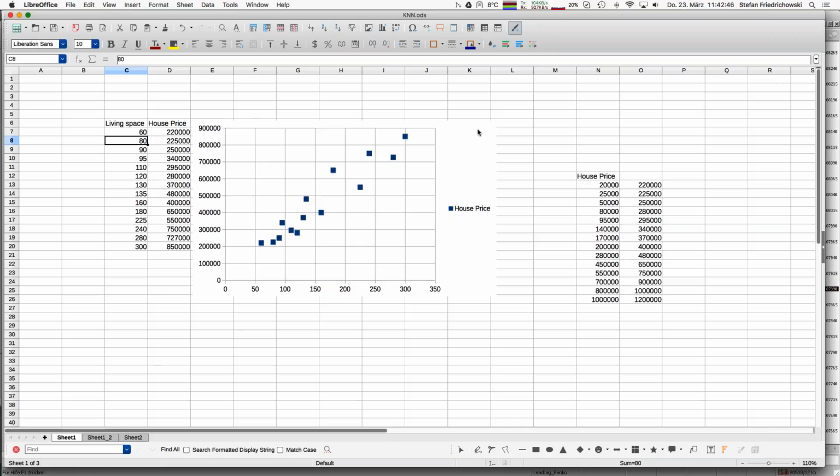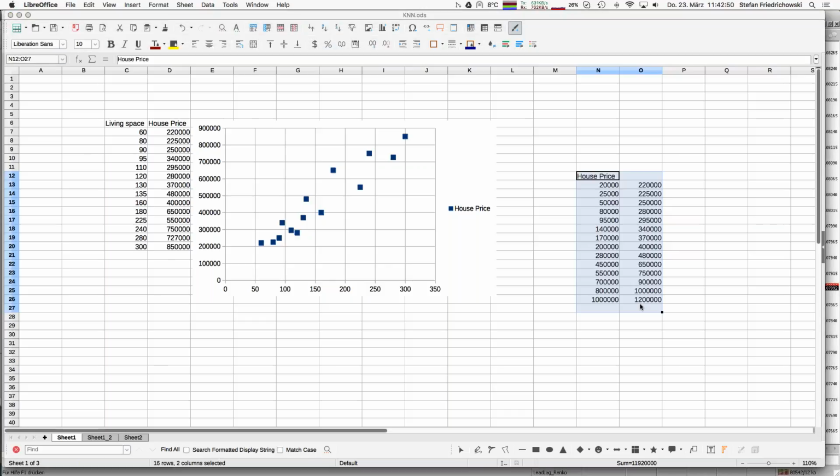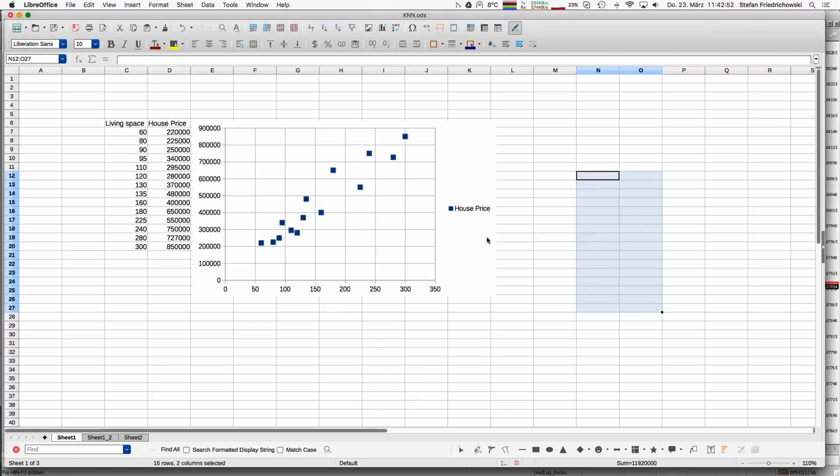Nice behavior. We can use it, and it's more or less straightforward. If I now would ask you the question, hey, what is a typical house price for a house with 200 square meters? You find a way to answer that question.